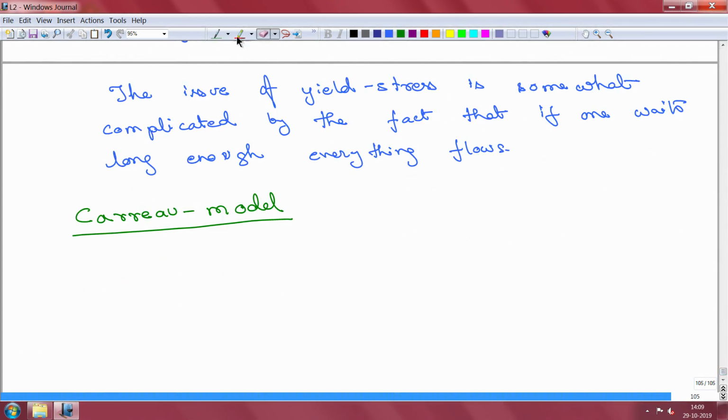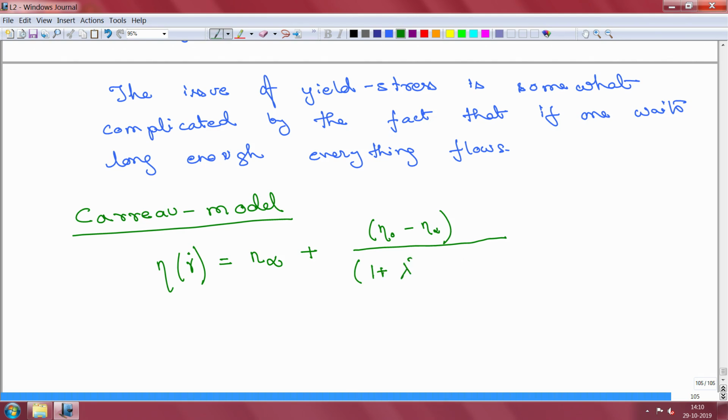So, eta of gamma dot: this implies that your viscosity is a function of the shear rate. It is usually written as one constant, eta subscript infinity, plus a fraction given by eta naught minus eta infinity, times 1 plus lambda squared gamma dot squared, raised to the power (1 minus n) by 2.